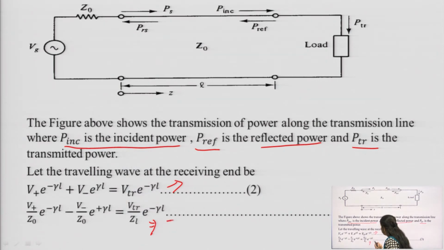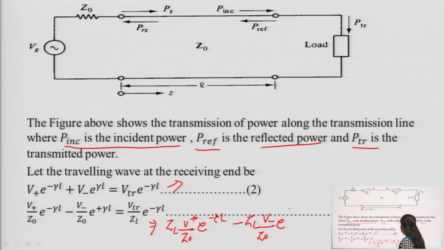So, what we are getting: ZL V plus upon Z naught e to the power minus gamma L minus ZL V minus upon Z naught e to the power plus gamma L is equal to VTR.